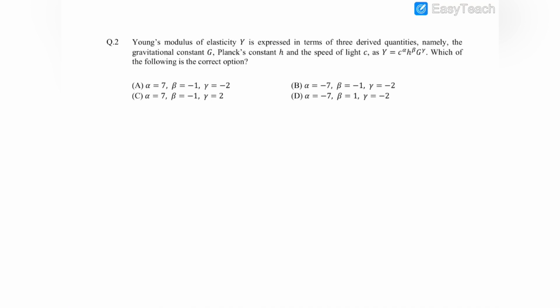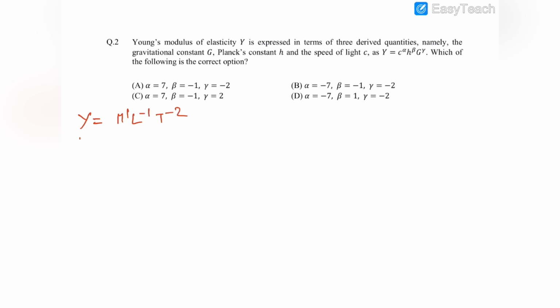In this question, you can see that Young's modulus is expressed in terms of C, H and G, where C is the speed of light, H is Planck's constant, and G is the universal gravitational constant. We have to choose the correct option. Okay, so we know that Young's modulus is dimensionally equal to pressure, and pressure is M1 L minus 1 T minus 2.